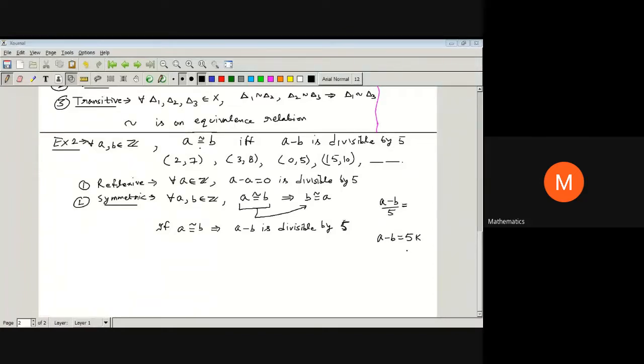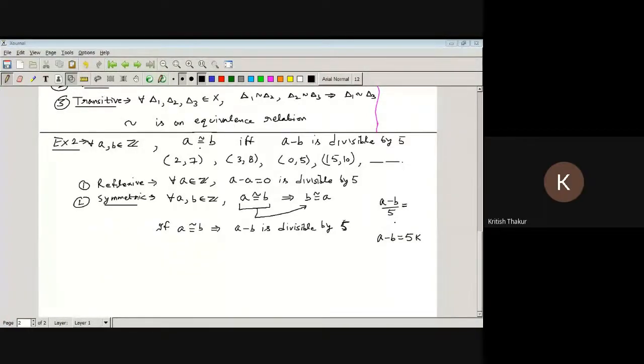Yes, Kritish Thakur, tell me. A minus b is divisible by 5, so how can we write a minus b?